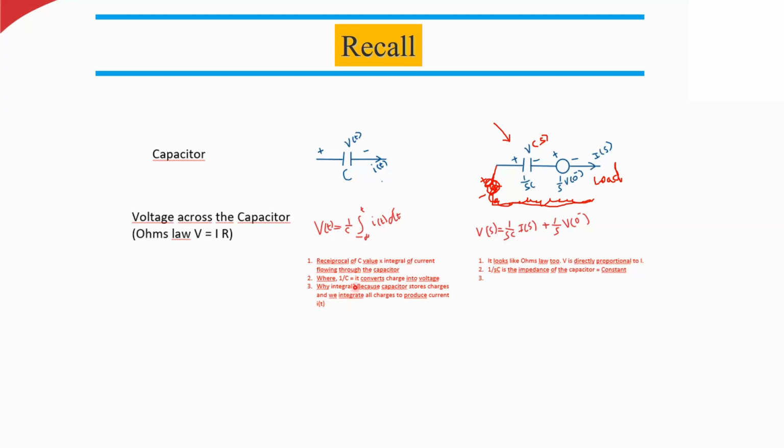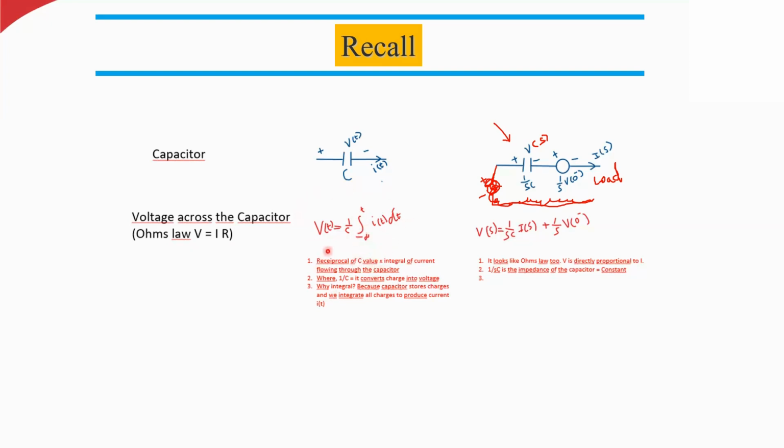That is why we are using this integral. This is the mathematical operator. You have already studied differentiation and integration, and now we are using them in practical circuits. So if you wondered what the use of this integral sign is, this is the use. Okay, so now this is the time domain representation.